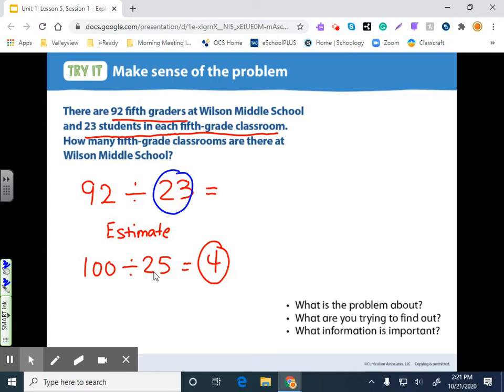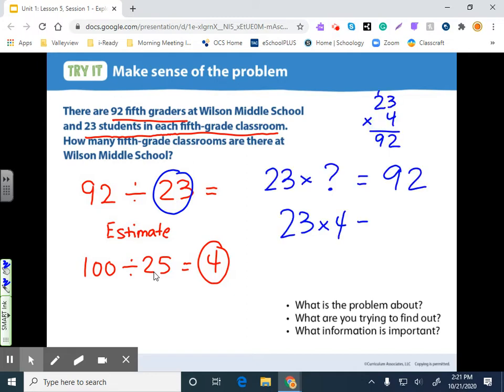Some might need to try some numbers that make sense, but 4 times 3 is 12. Carry your 1. 4 times 2 is 8 plus 1 is 9. So I know 23 times 4 equals 92. So your final answer is 92 divided by 23 equals 4. So they will need 4 classrooms for Wilson Middle School.